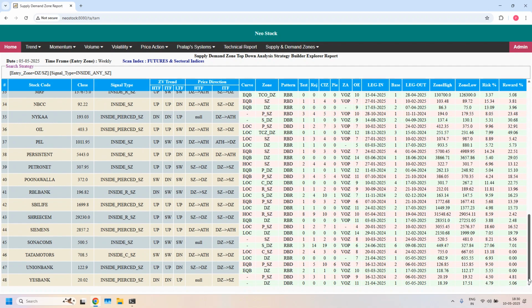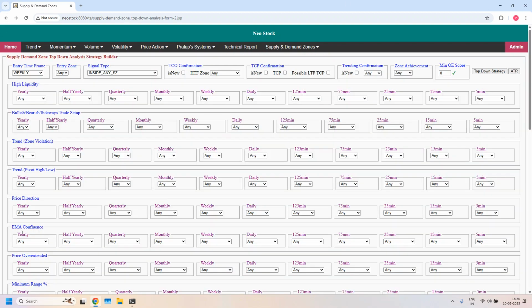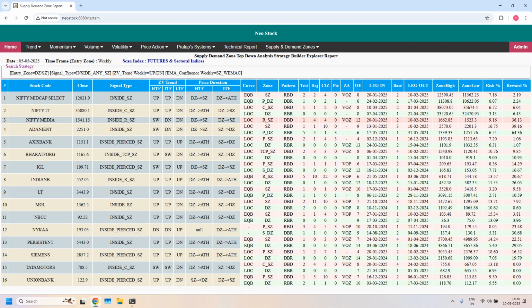We can further filter this list based on weekly supply zones having weekly EMA confluence, and also trend on the weekly should not be sideways. It can be up or down. With these filters, now the list has come down to 16 stocks. All these weekly supply zones are having weekly EMA confluence, and also price closed inside those weekly supply zones.